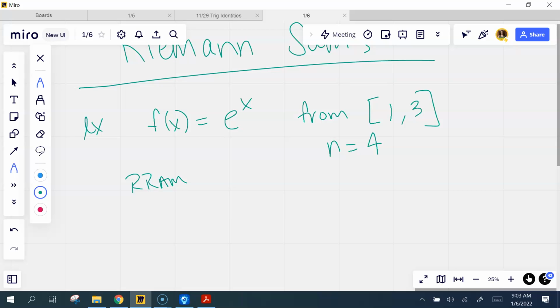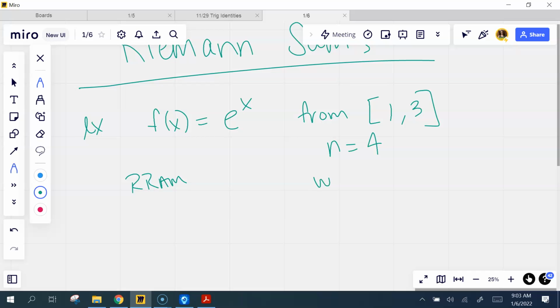The first thing I want to know is, what would my width of each of these rectangles be? Yes, it's a half. Good job.